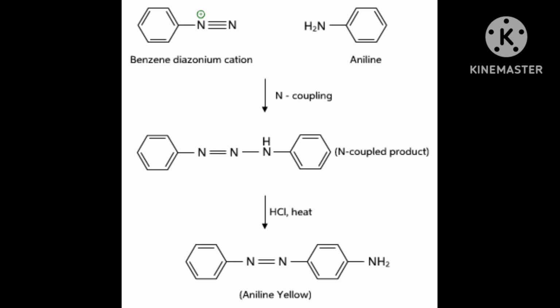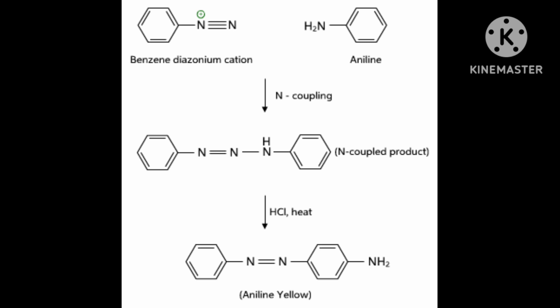This is the condition you just have to remember, already I have discussed: aniline in presence of NaNO2 and HCl at low temperature will form N2Cl. A diazo group will be introduced. NH2 will convert to N2Cl.